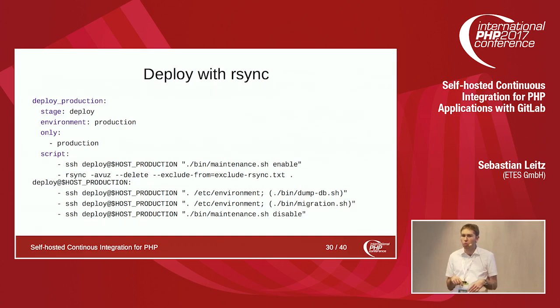For example, a production config file that is lying around, and of course is not in your repository, because then it would be overwritten all the time. And you would have to put that into the exclude file as well to prevent it from being overwritten. After we copied everything, we try to make a database dump, apply some migrations, which will be a later chapter here, and disable the maintenance mode.